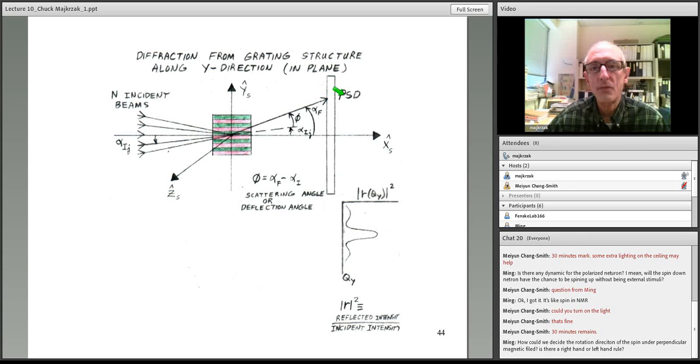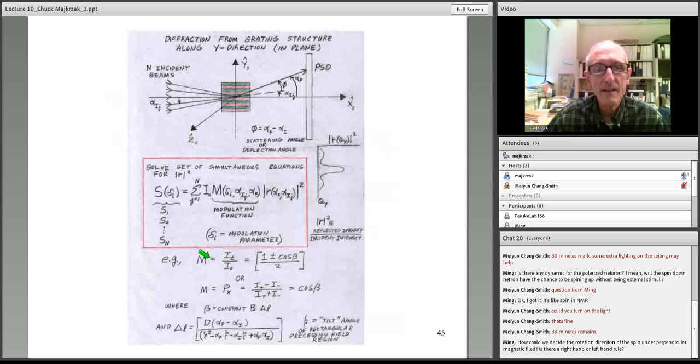But suppose we didn't have this and we wanted to just have this all go into one detector that had no angular discrimination spatially. Well, we could measure the polarization as a function of different applied fields, and in fact set up a simultaneous set of equations where that polarization rotation in those precession fields acts as a modulation function.